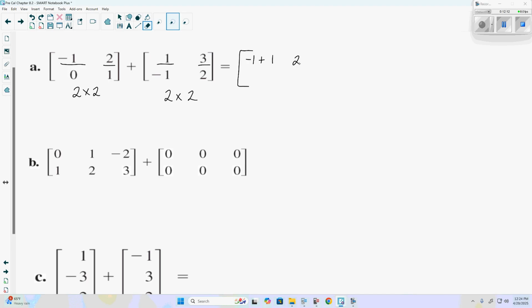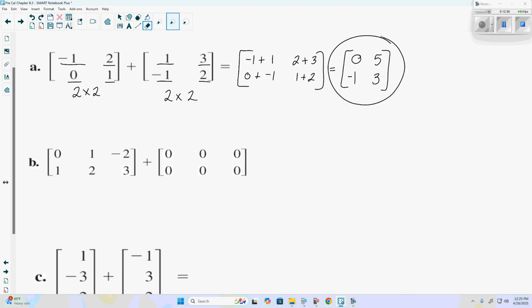Our 2 is being added to our 3. Our 0 is being added to our -1. And lastly, our 1 is being added to our 2. Well, -1 plus 1 is 0. 2 plus 3 is 5. 0 plus -1 is -1, and 2 plus 1 is 3.